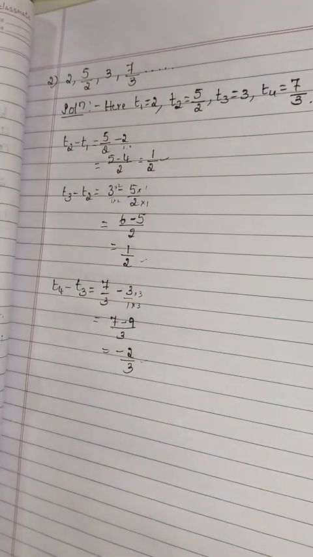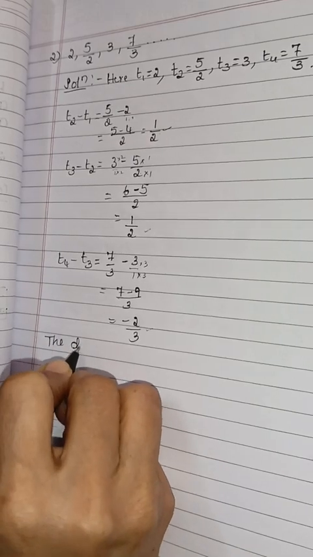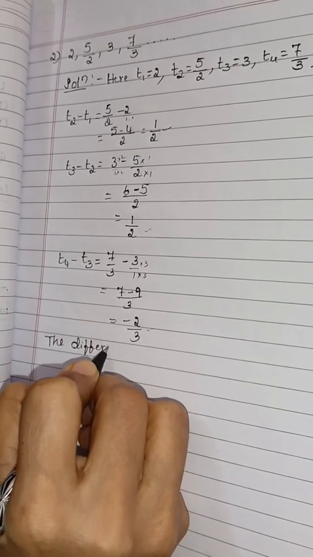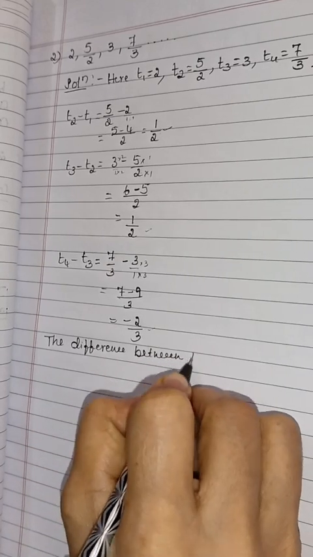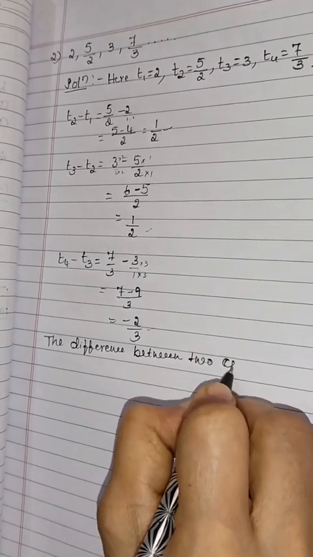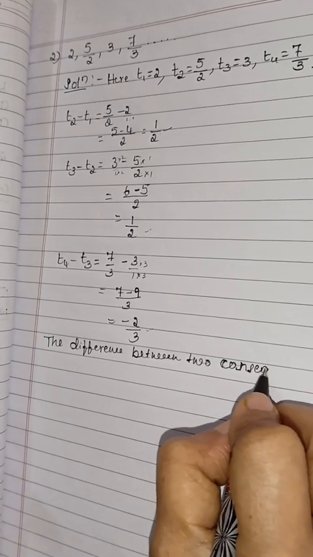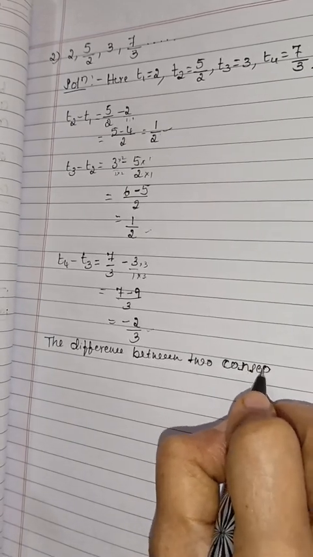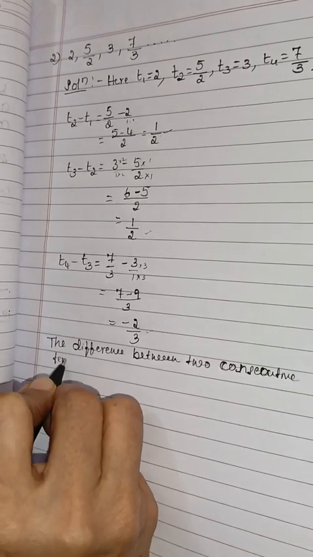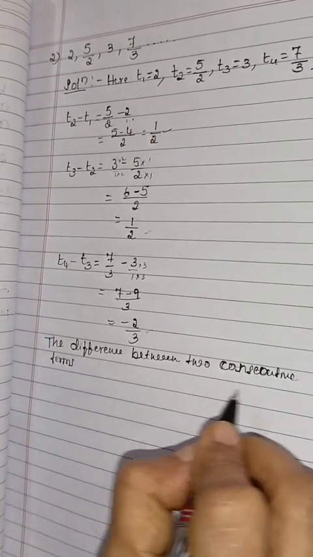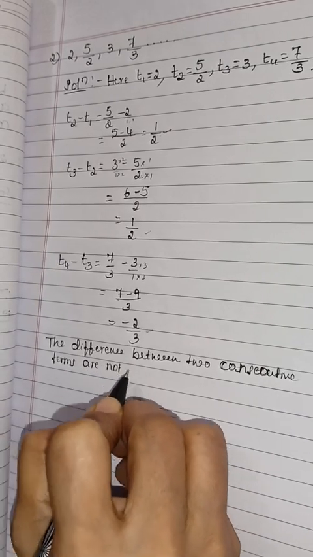Therefore, we'll write: the difference between two consecutive terms is not constant.